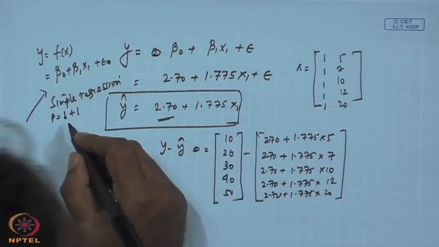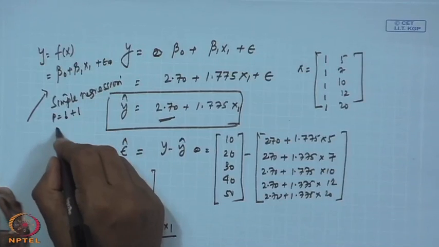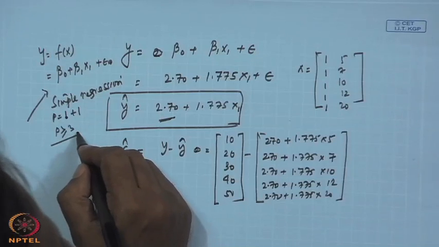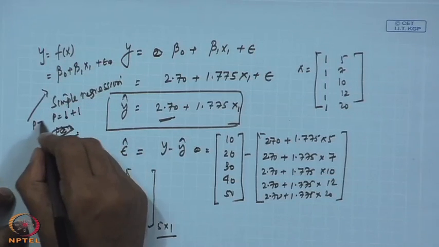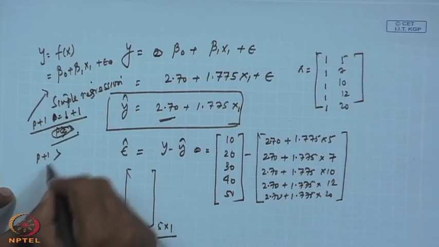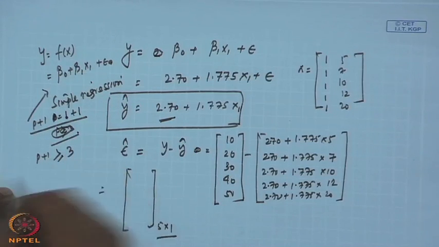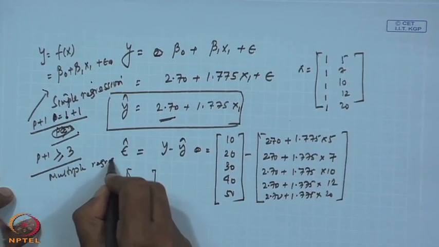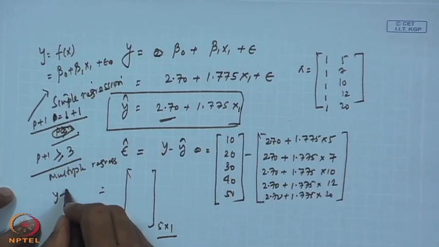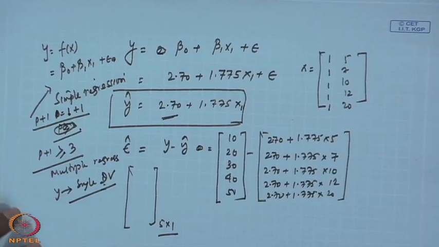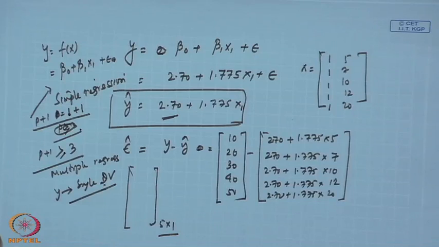And if I say p is the number of variables, this is only 1. So when p plus 1 is 2, it is simple regression. When p plus 1 is greater than or equal to 3, that will be multiple regression. But in all those cases y is a single DV. Only one DV at a time we are considering.